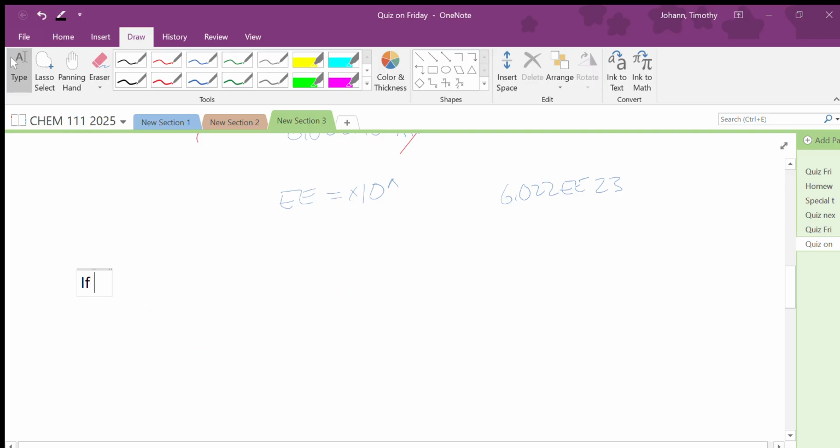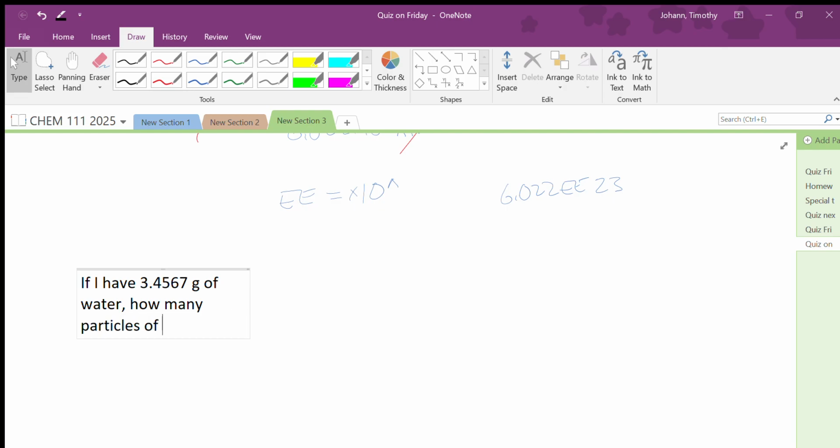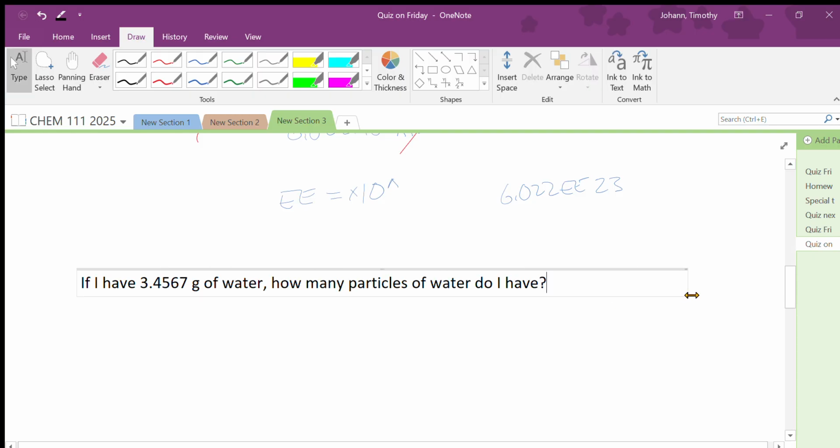If I have, let's make it not two significant figures, 3.4567 grams of water, how many particles of water do I have? What's my given?